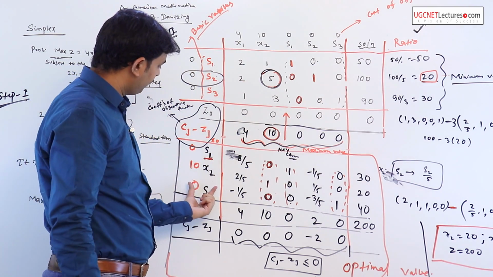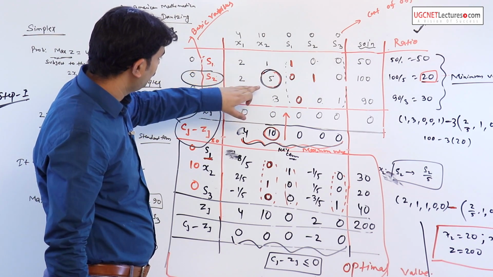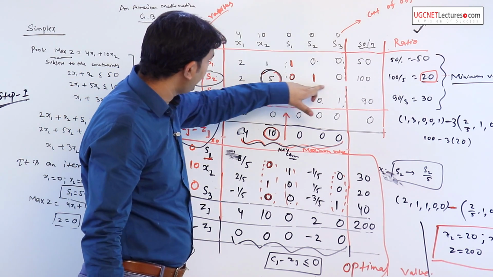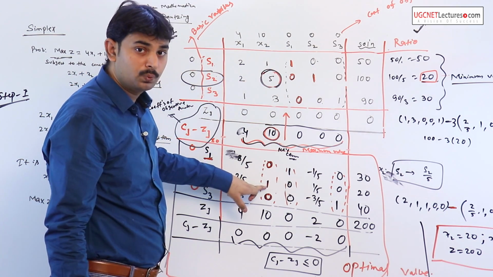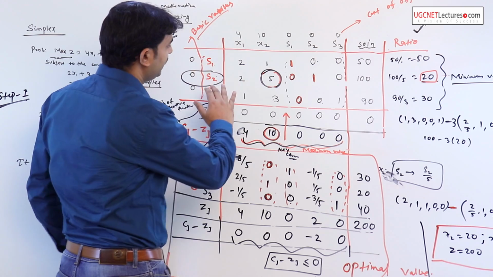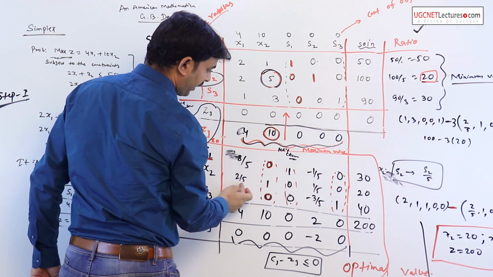For the identity matrix, by dividing by 5, we make this 1. So we divide all the values by 5, and we get these values.